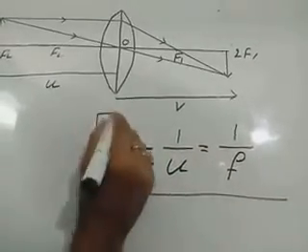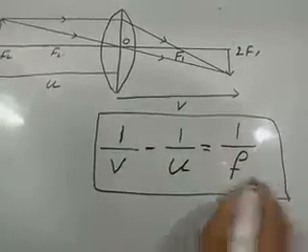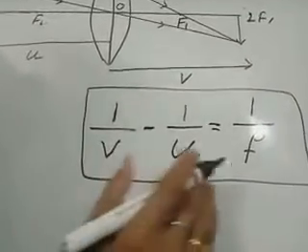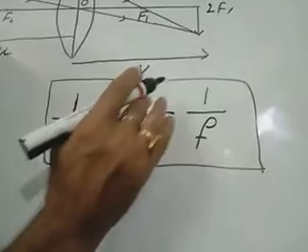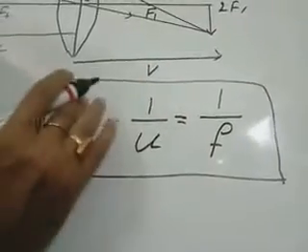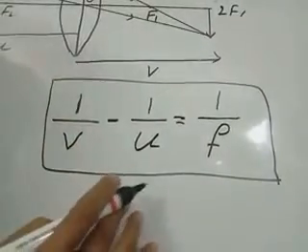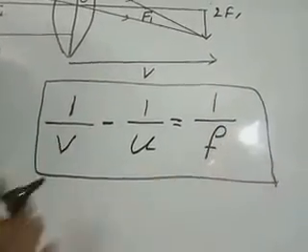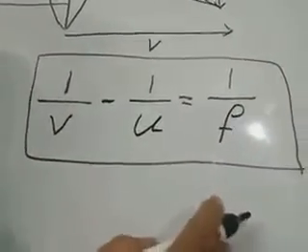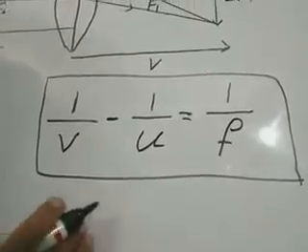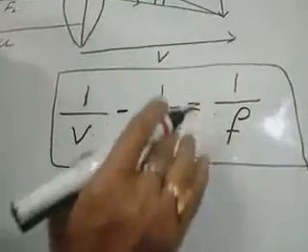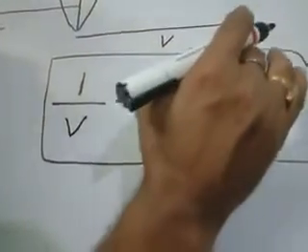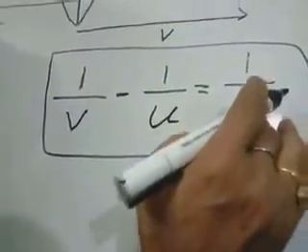Then how is the lens formula defined? According to the lens formula, the difference between the reciprocal of the object distance and the reciprocal of the image distance is the same as the reciprocal of the focal length.